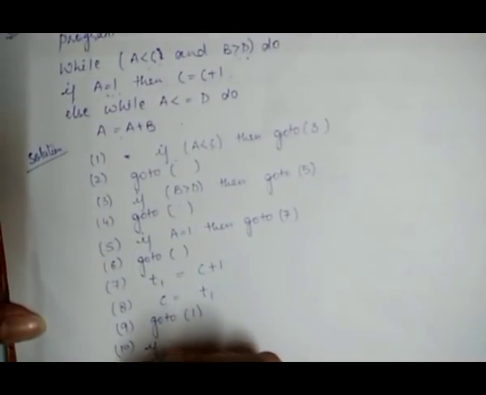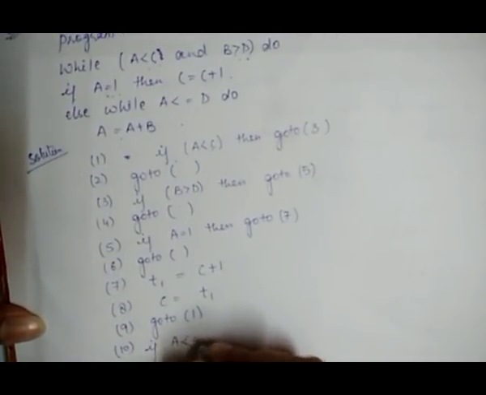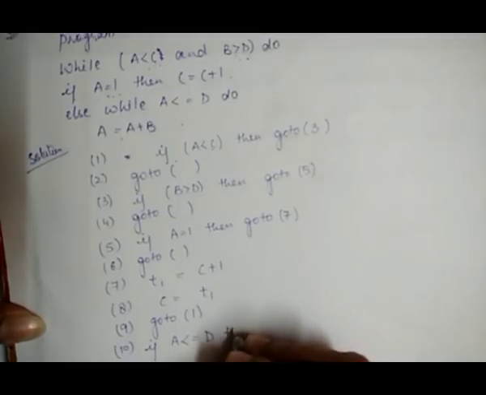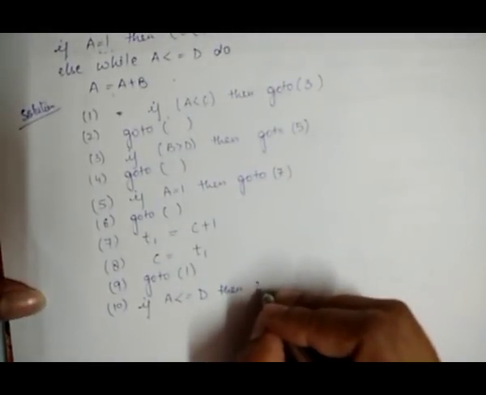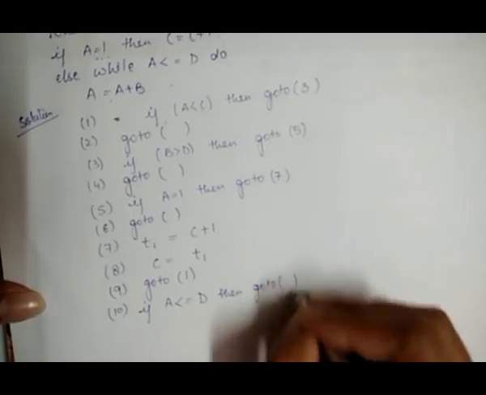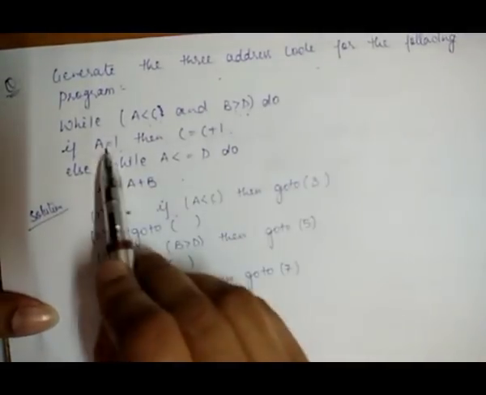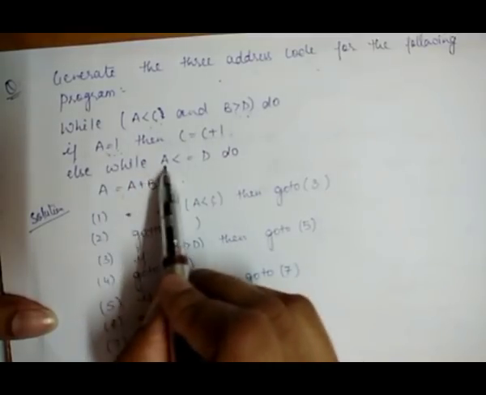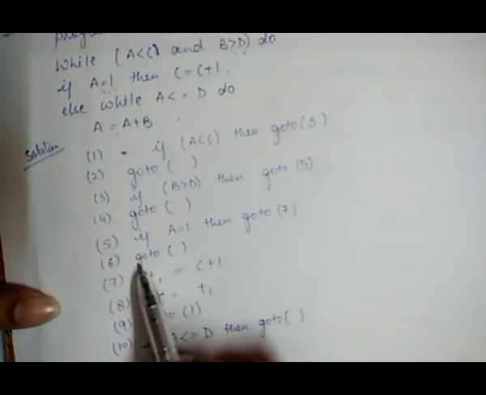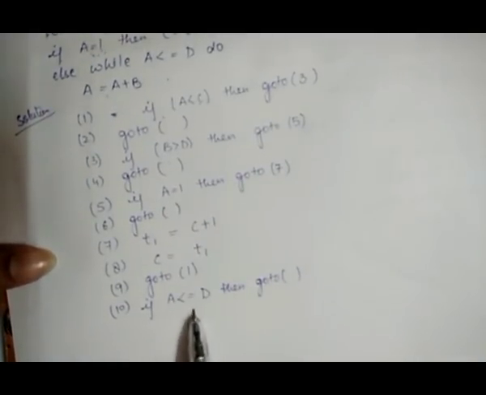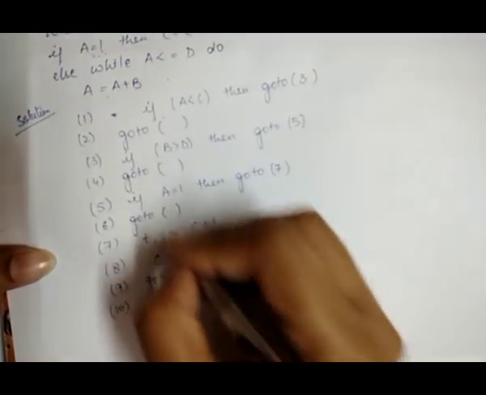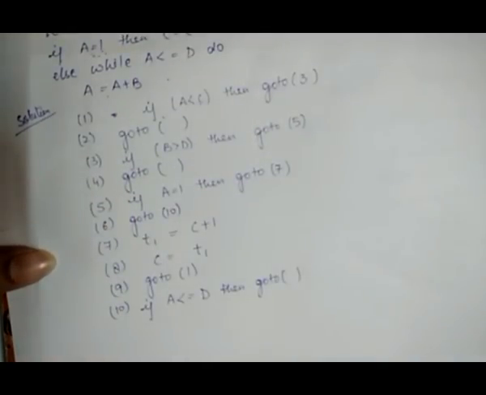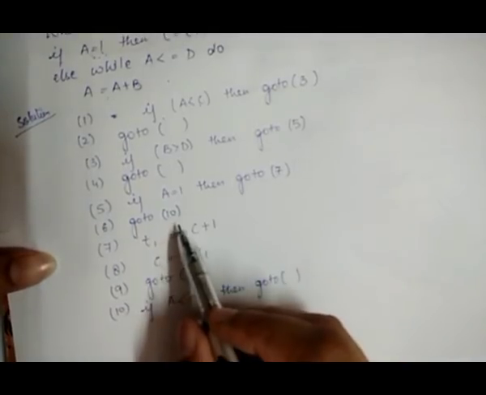If a is less than or equal to d, then go to... if a equals 1, then we move to this; if this condition is false, then we move to that. So at the 6th line, we mark the label where this condition is checked. That is the 10th line, so we mark it as 10.